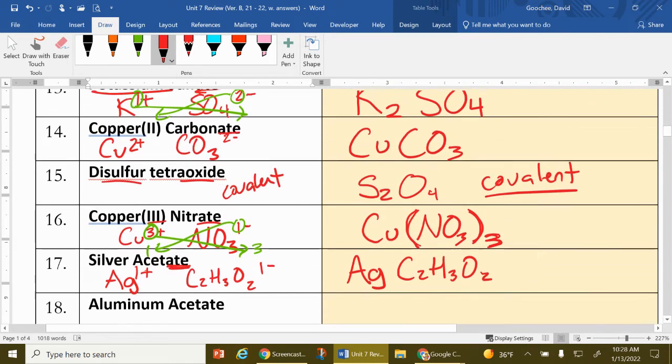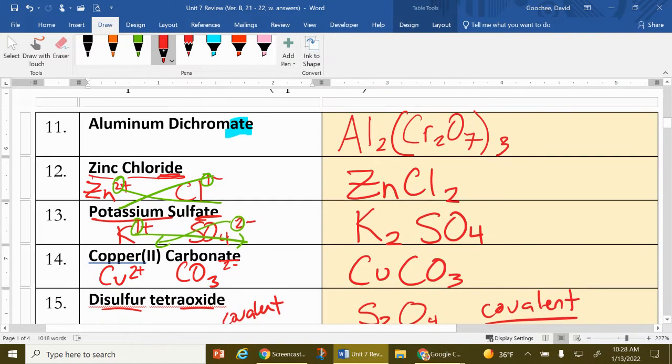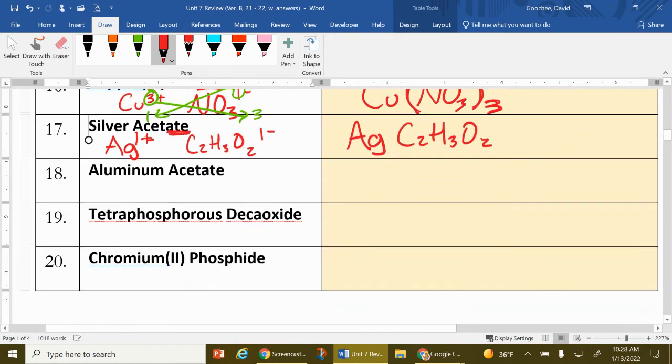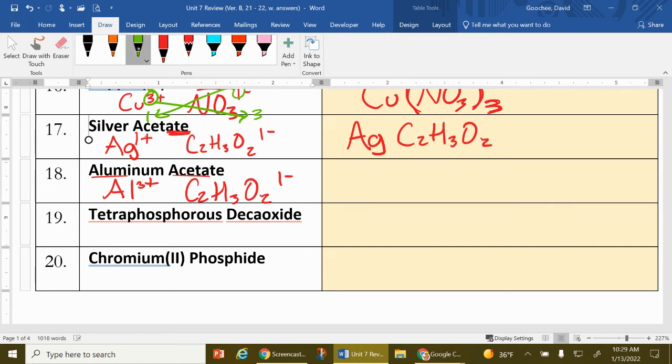Let's try aluminum acetate. We've done aluminum before. Aluminum was Al3 plus, and aluminum will always be Al3 plus. And we just did acetate up here, C2H3O2, 1 minus, all right? Aluminum acetate. So this aluminum is 3 plus. That's how many acetates we're going to have. This acetate is 1 minus.